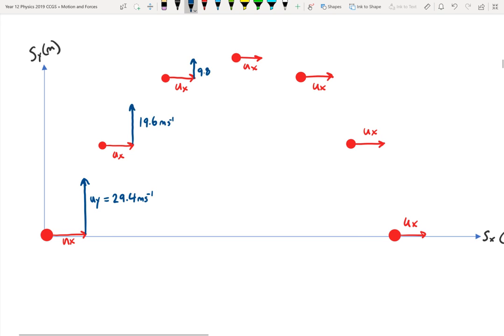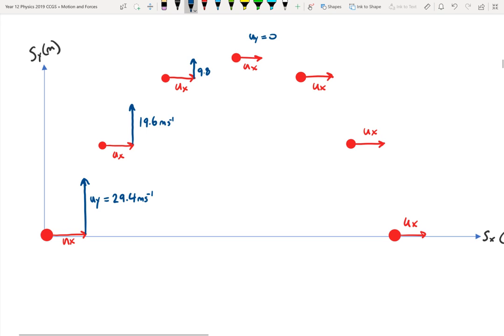You might want to just make a note here, uy equals 0. At that turning point, the velocity is exactly the horizontal component. So for that brief instant in time at t equals 3.00 seconds, there is no vertical component. It actually changes direction, because remember, gravity is constant. The rate of change is constant.